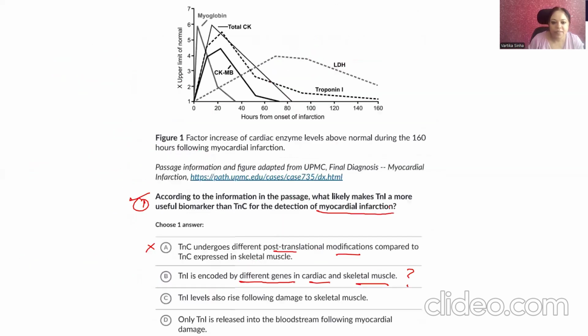So definitely, this is encoded by different genes in cardiac and skeletal muscle, and that would be the correct option. Because for this particular MCQ, there is no need to understand the paragraph. Basic knowledge of isozymes will work, right? So this way you can save time, and the remaining two options are also wrong.